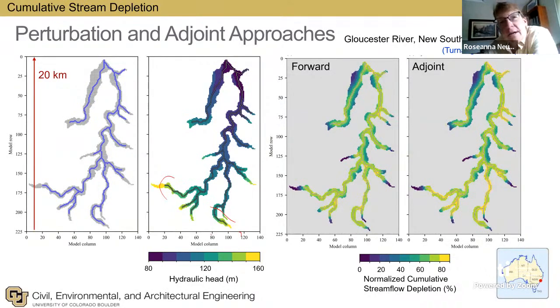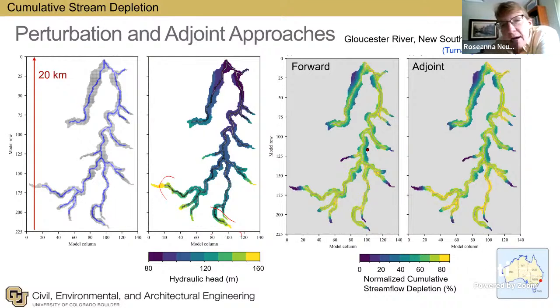And then what I'm looking at on the right, there are two plots. The first one is the result of many forward simulations. So we put a pumping well at each location, each grid block, ran a forward simulation and looked at the total exchange, or increase in the volume of water that flows across the river. And then the one on the right is the adjoint result.